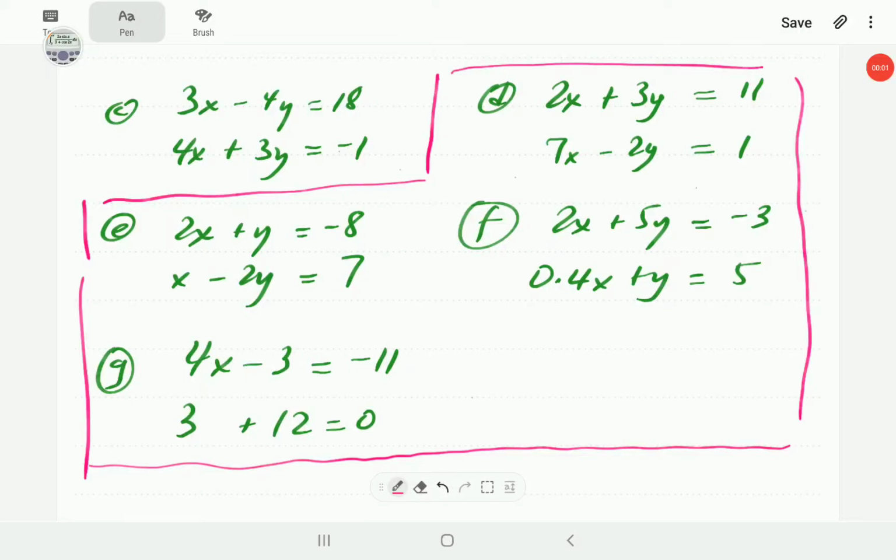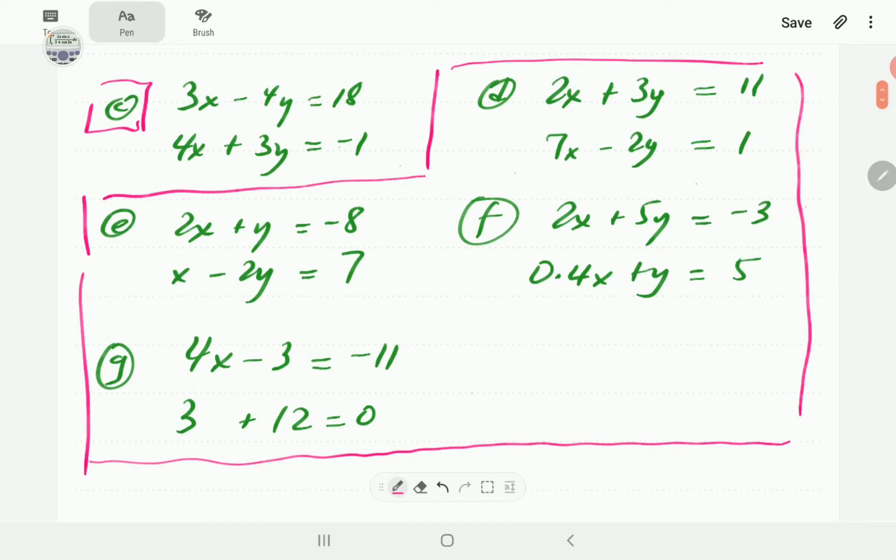All right, this video is part 2 of a series on parallel, perpendicular, and oblique lines. In part 1, we started doing some examples. We did A, B, and example number C here.